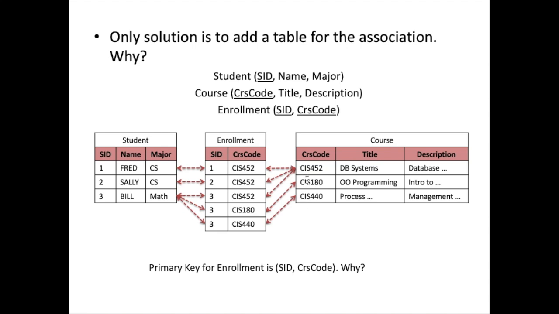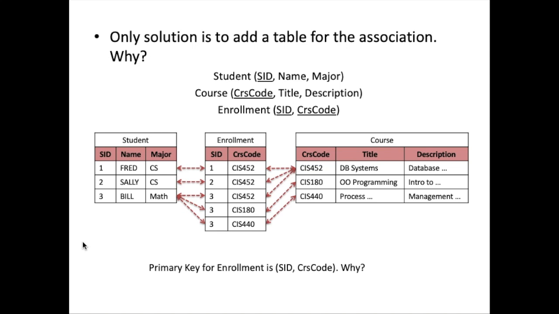And also, there are 3 different students who are taking CIS 452: Sally, Fred, and Bill. And so we've got the course code CIS 452 recorded in here 3 times, once for each of the students that's taking it. So student IDs in the enrollment table are not unique, and course codes in the enrollment table are not unique. So neither one is going to be a valid primary key.